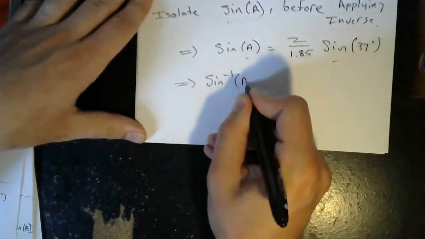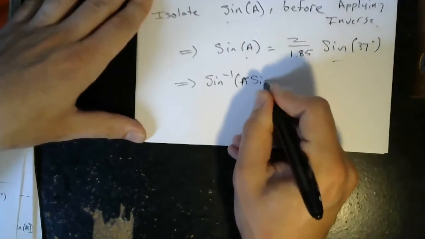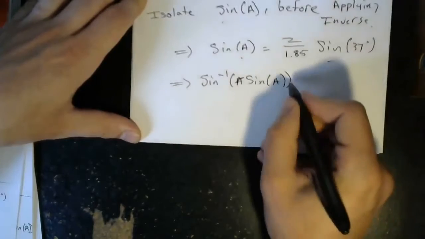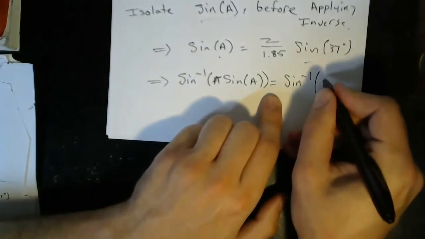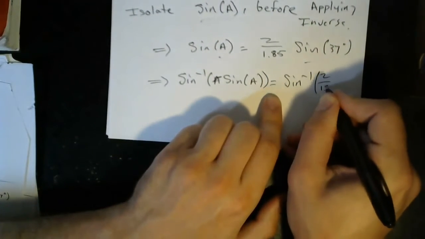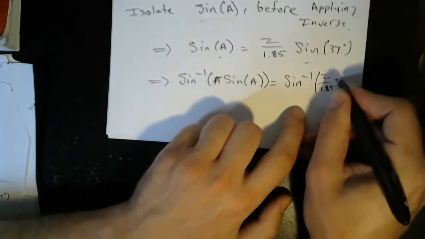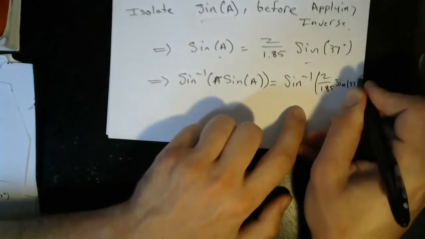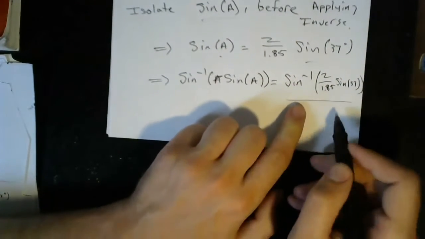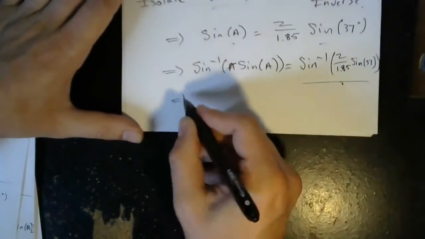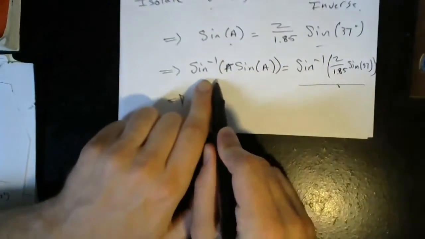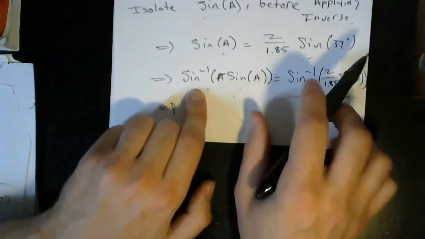Sine inverse of sine of A. And on this side, we have sine inverse of 2 over 1.85 sine 37. This is something that your calculator can find, right? So we have the inverse, the angle.